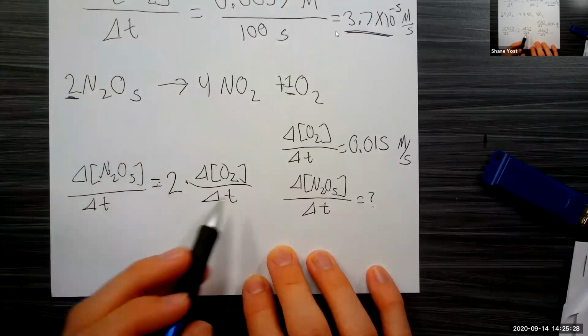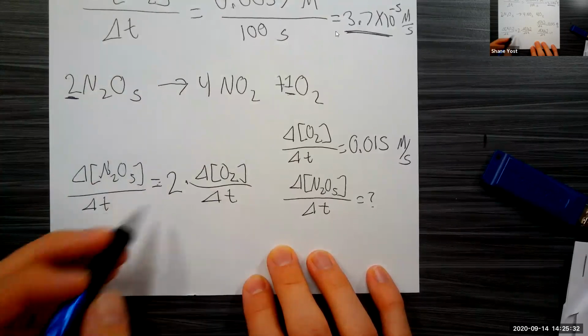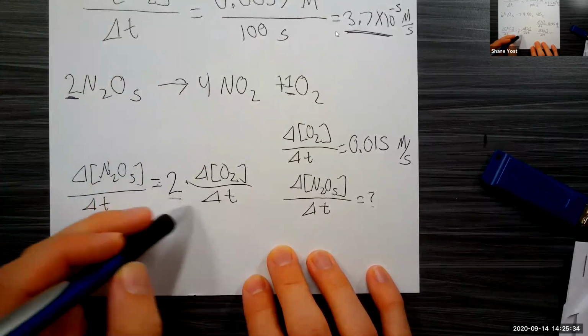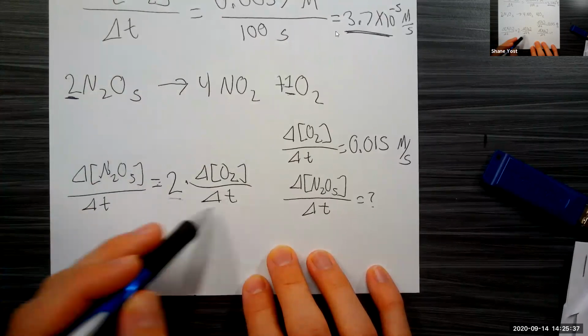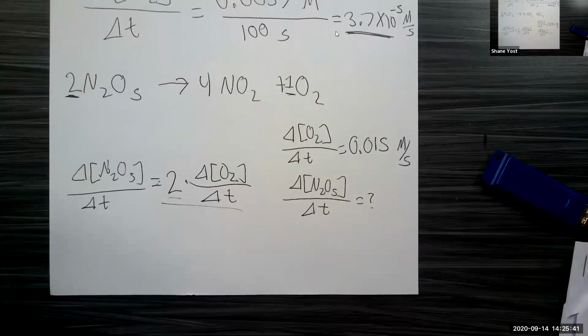So if for every 1 O2 that I gain, I lose 2 N2O5, the rate of change of N2O5 is twice that of O2. The larger the stoichiometric coefficient is in your balanced chemical reaction, the faster that species is being consumed or produced, because more stuff is being used up or given off as the reaction takes place.